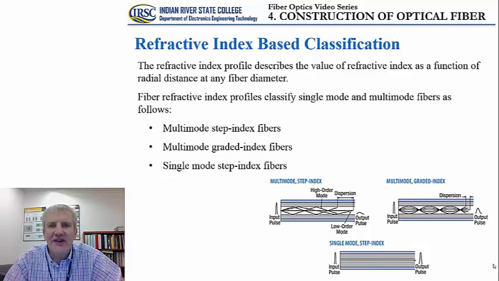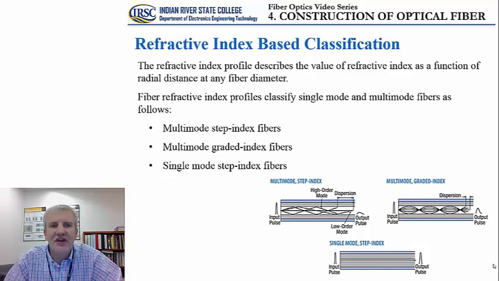So we can classify optical fibers into 3 main groups: so-called multi-mode step index fibers, multi-mode graded index fibers, and finally single-mode step index fibers. We are going to be talking about each of these categories of fibers, and we're going to look at their basic properties as well as their advantages and disadvantages.